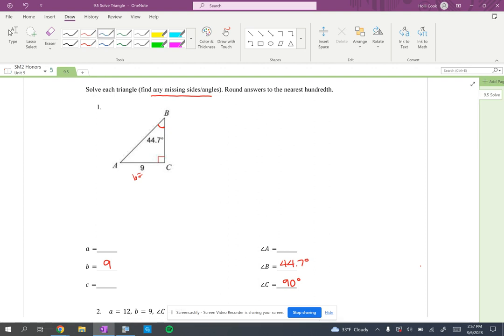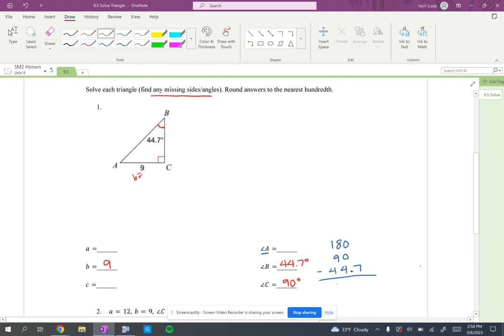So the first one I notice is we're missing angle A, but we already have the two other angles. So you can use your trig ratios to solve for the missing angle, or we can just remember that a triangle adds up to 180 degrees. So we're going to subtract our two angles and see how much is left in our triangle.